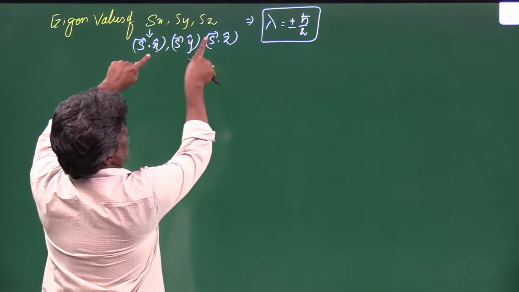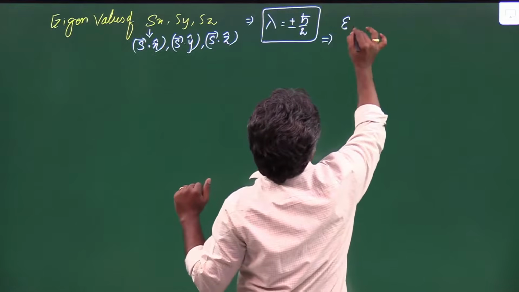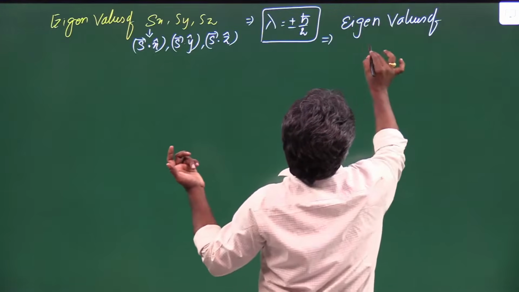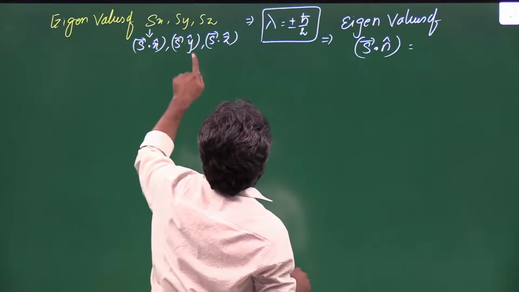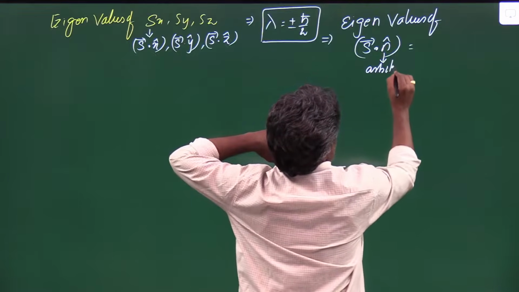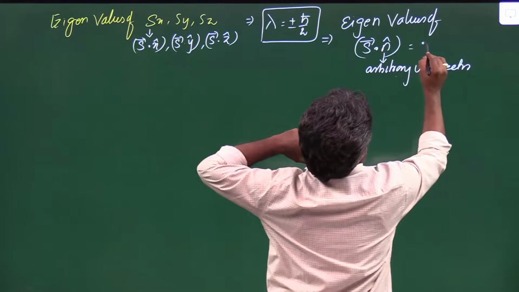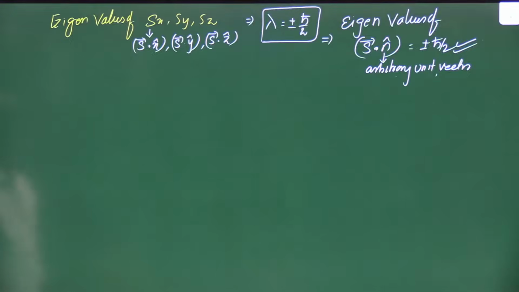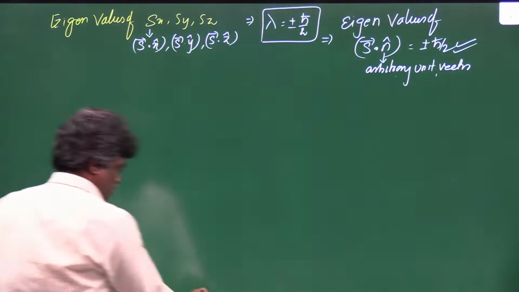If I find the eigenvalues of the measurement S bar dot n cap, this is important, sir: x cap no change, y cap no change, z cap no change. That's why for an arbitrary unit vector, the eigenvalues must also be plus or minus h cross by 2. By taking analogy, we have written that. Is it okay?